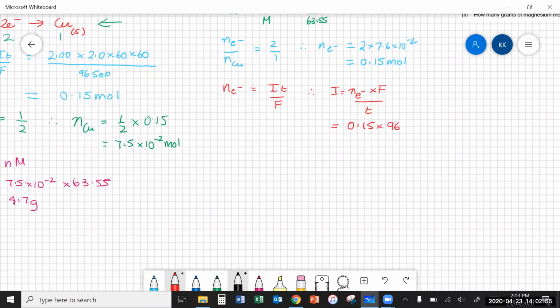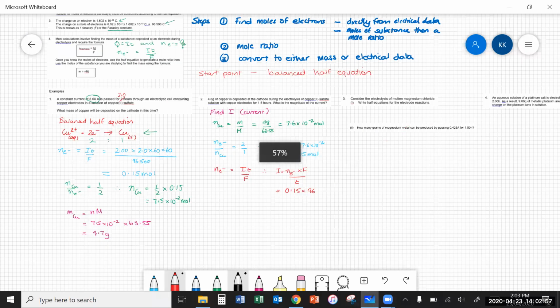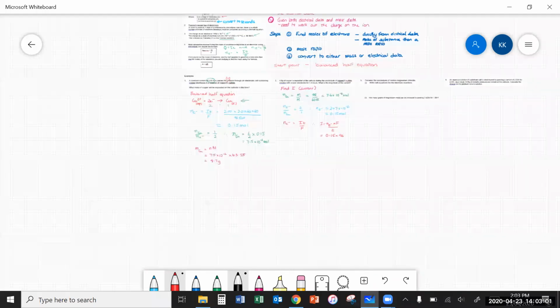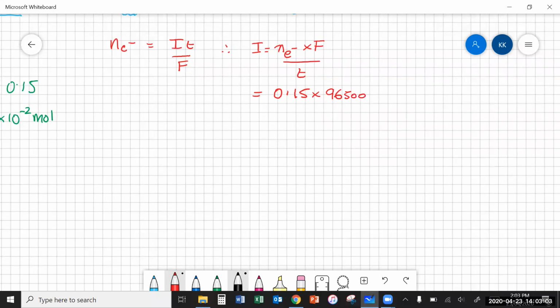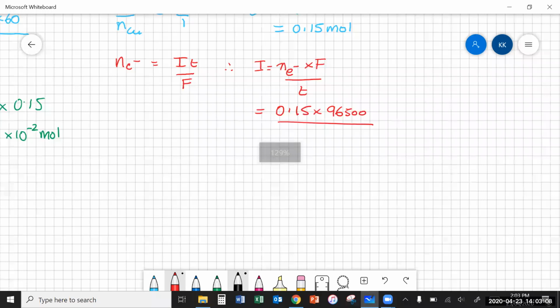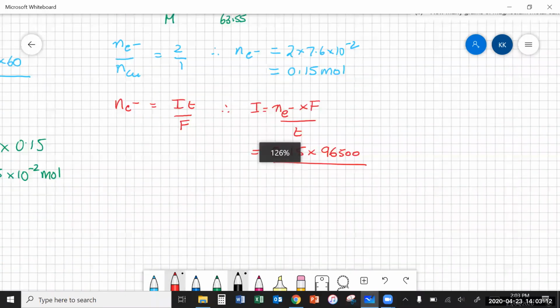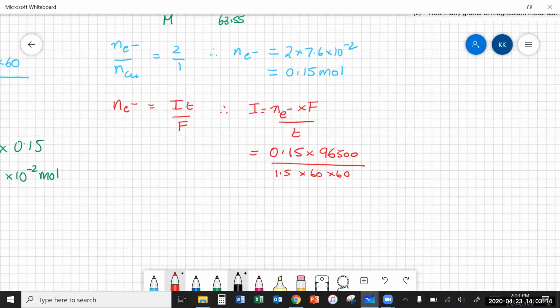Faraday constant's 96,500. And our time in the question was 1.5 hours. That's 1.5 times 60 times 60. And plug that through the calculator. And you get 8.1 amps.